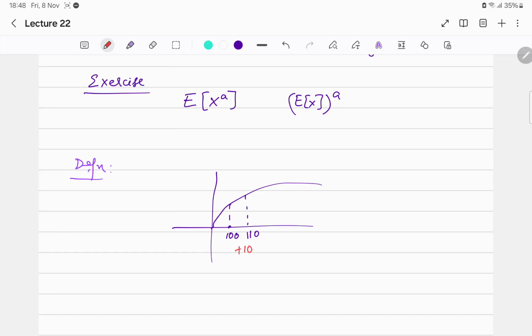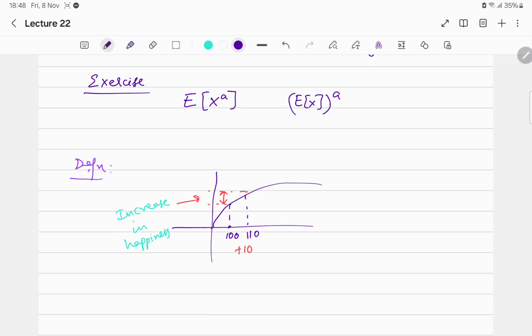So how much did his happiness increase? This much, right? This is the increase in happiness. So for a plus 10 increment in the money, his happiness increased by this much.